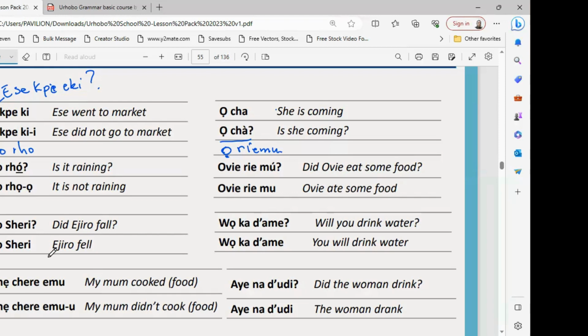Because I can say it only in the last word. Or is it in the last word? So I can say only Cheremu. I'm asking a question. So is it in the last word that the high note goes, or is it in the first and the last? The first and the last.